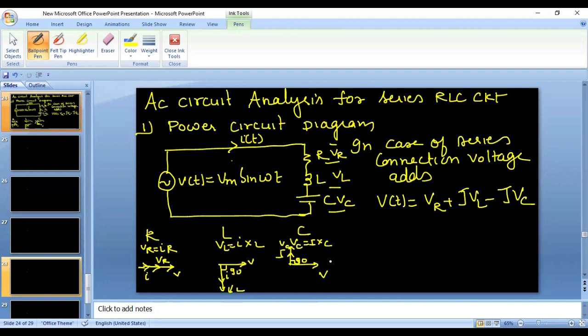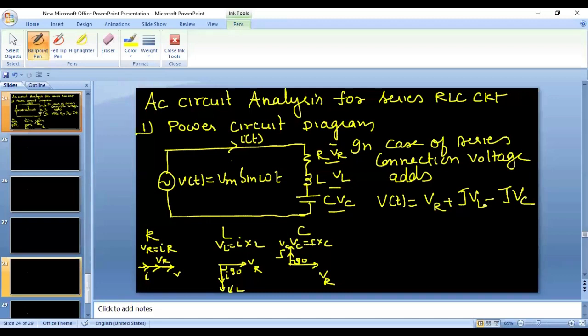So if I am going to add VL and VC along with VR, I need to rotate VL by 90 degrees in the anti-clockwise direction and VC by 90 degrees in the clockwise direction. So what is jVL?